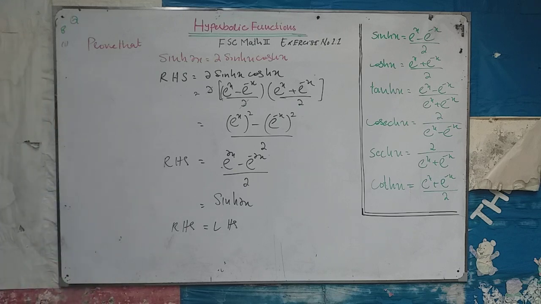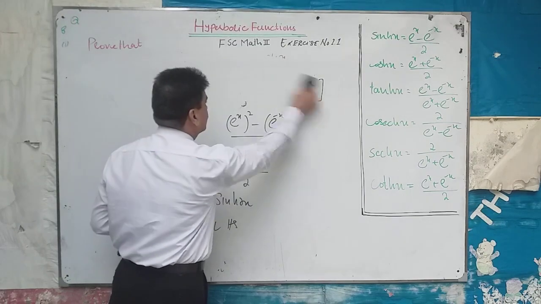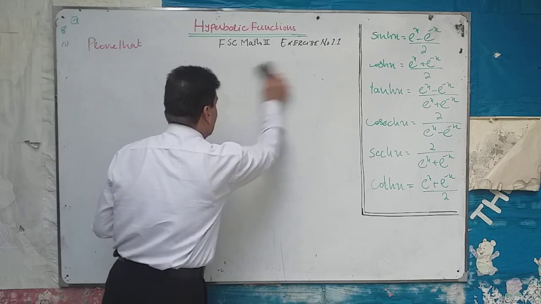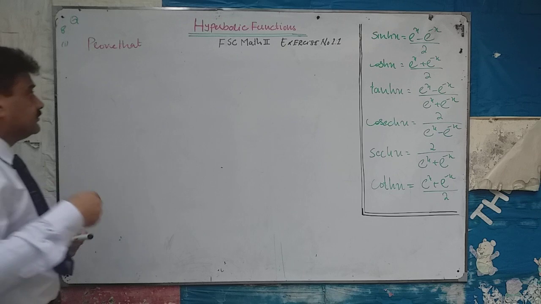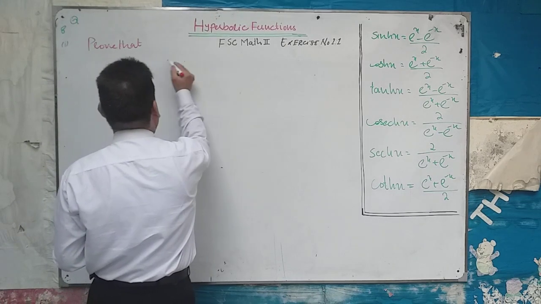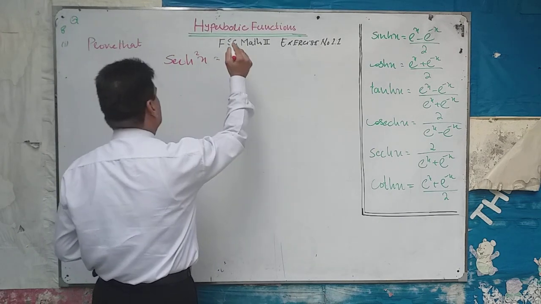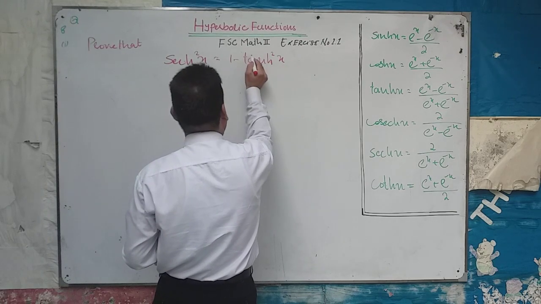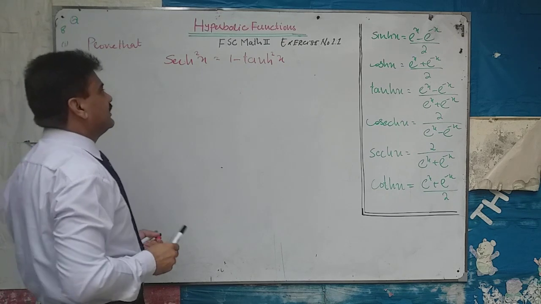To prove another identity, we now have to prove secant hyperbolic square x is equal to 1 minus tan hyperbolic square x.